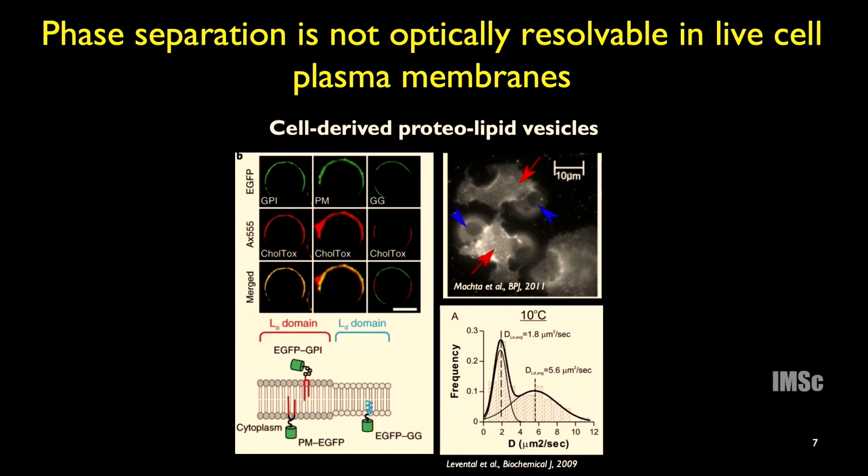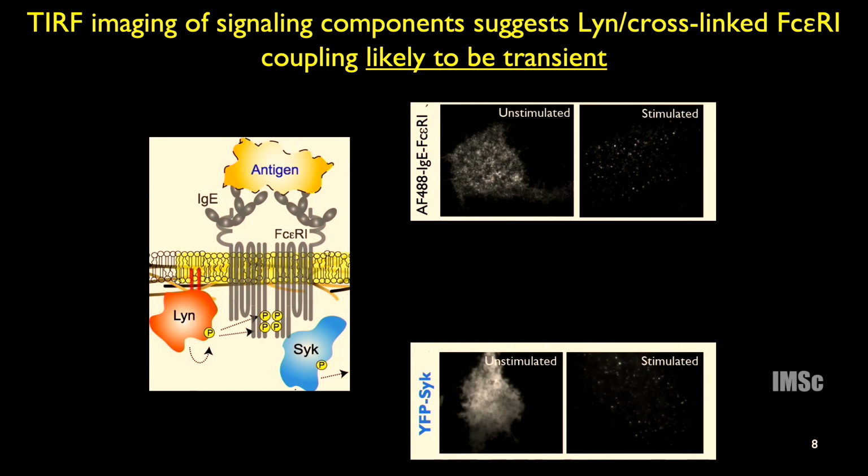Again, the diffusion behavior shows that they're liquid, but they're in very different states. So now the question: this gives us hope that we can test whether this phase separation impacts the interactions between the kinase and the receptor, as I was hypothesizing a couple of slides back. So what do you see now?